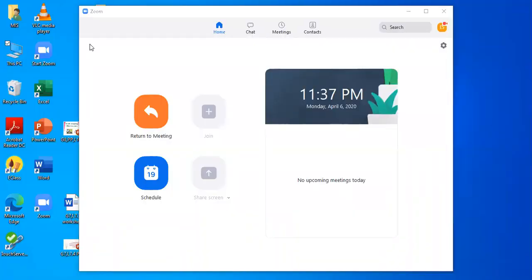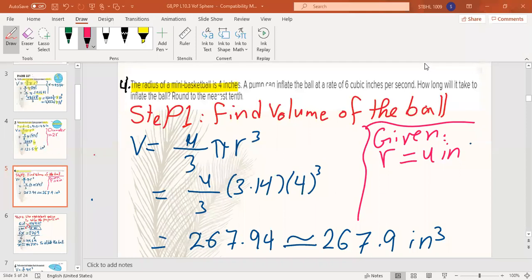And one more keyword. Look here, a pump can inflate the ball at a rate of 60 cubic inches. And cubic inches is a keyword for volume. Cubic inches means volume.